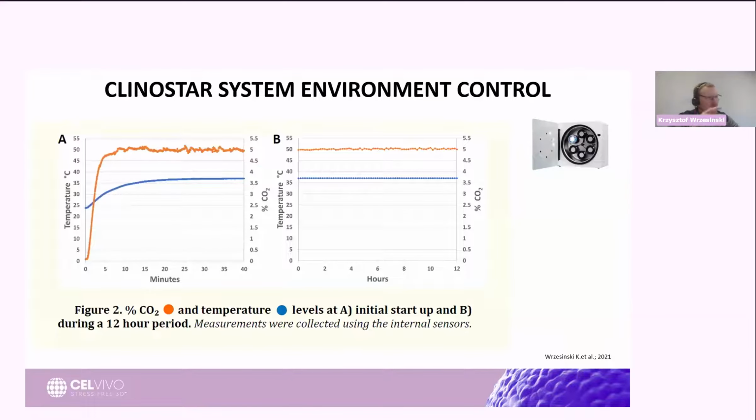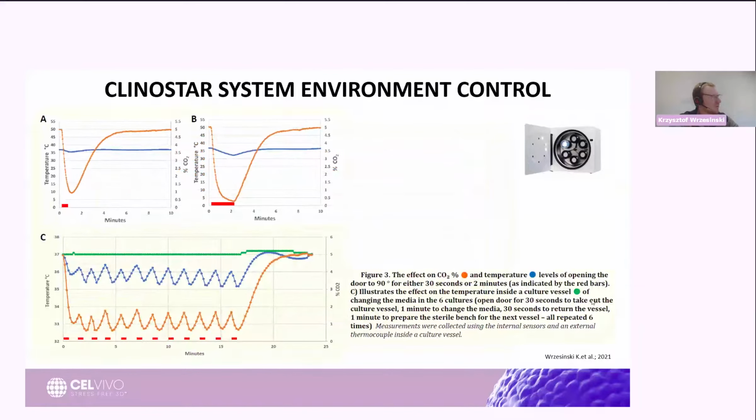Coming back to the system, it's very important for us that this system is very stable and has a fast recovery. As you can see on those graphs, we can provide a very stable environment, and the recovery is also very fast, depending on when you open the doors, for example.